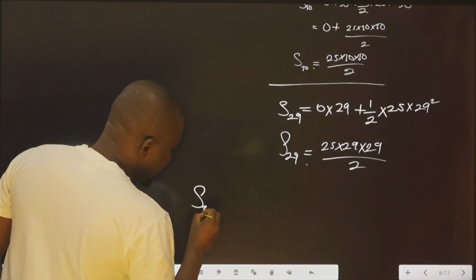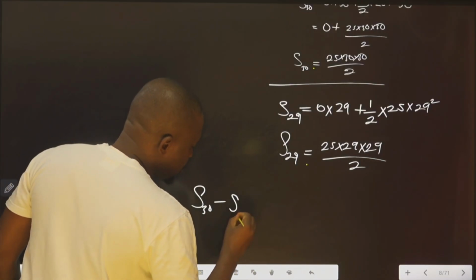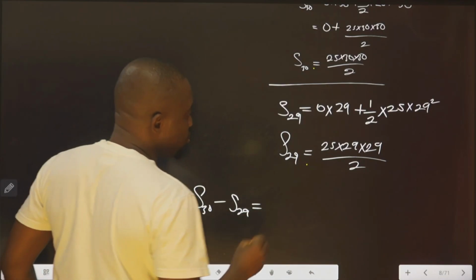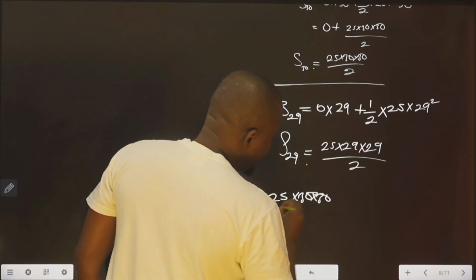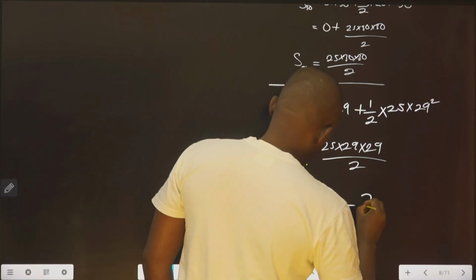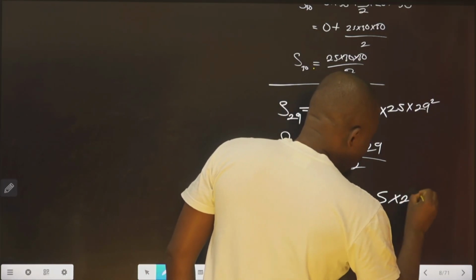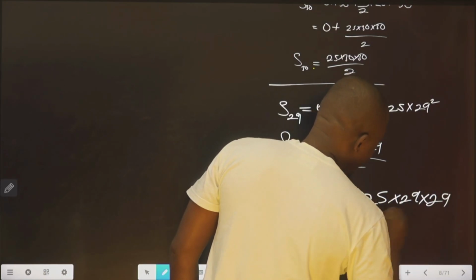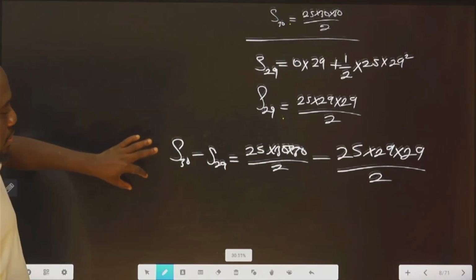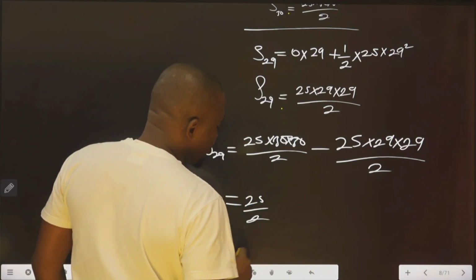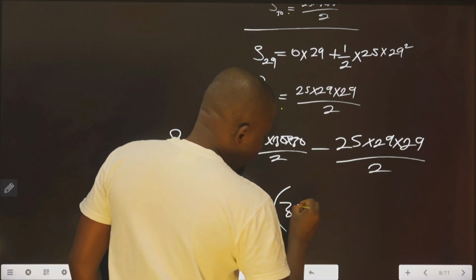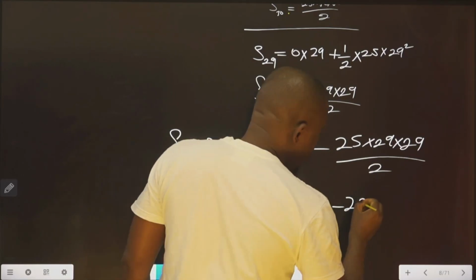That is what we are looking for, equals 25 times 30 times 30 over 2 minus 25 times 29 times 29 over 2. You will agree with me 25 is common and 2 is also common. What is not common is this.